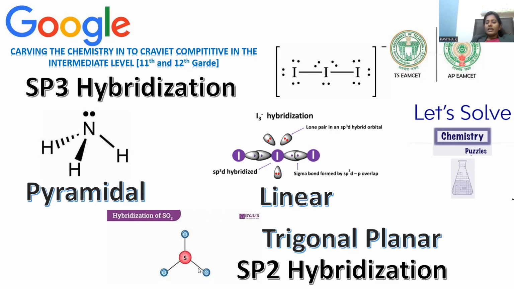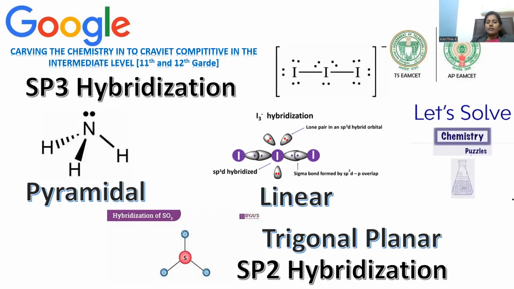And next is the SO3 molecule. If you observe the SO3 molecule, sulfur has sp2 hybridization. One s orbital and two p orbitals got mixed, and it is trigonal planar in shape. Trigonal planar because all three orbitals are participating in bonding, so trigonal planar is the shape as well as the geometry of the molecule.